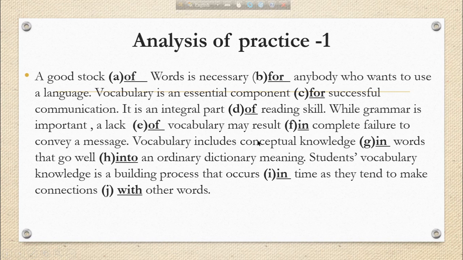Vocabulary includes conceptual knowledge in words that go well into an ordinary dictionary meaning. Students' vocabulary knowledge is a building process that occurs in time as they tend to make connections with the other words.